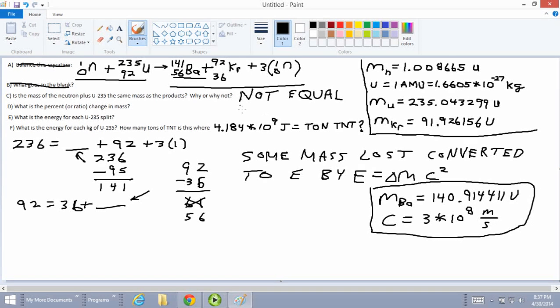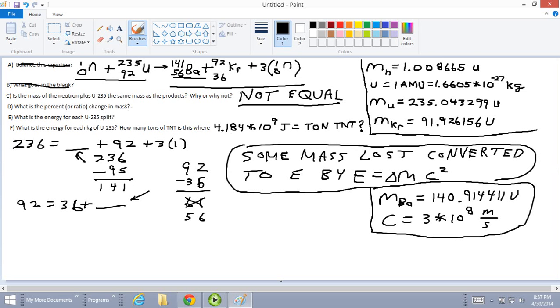Not equal. You expect a change in mass. You expect some mass to be lost, and it's converted to energy. Now let's find the change in mass. We'll need a percent or ratio of the change in mass.